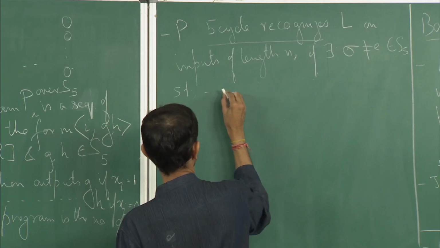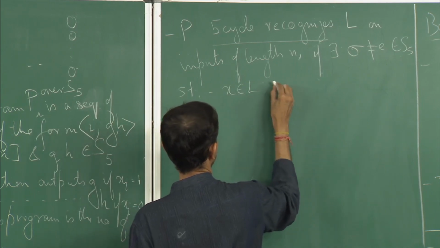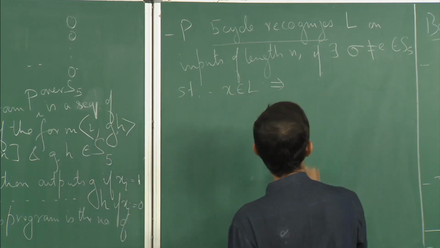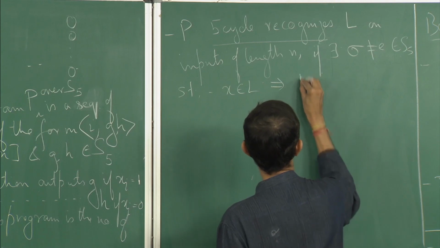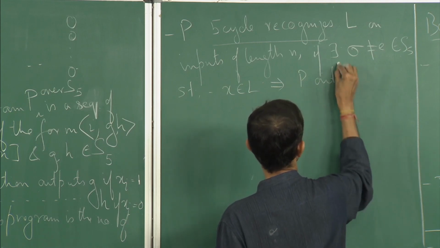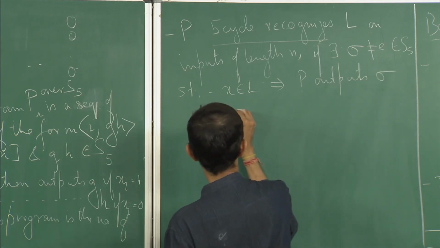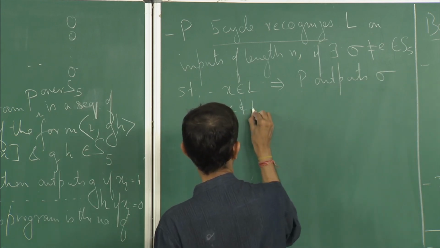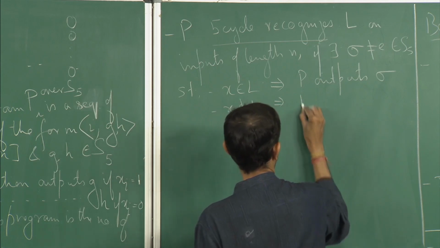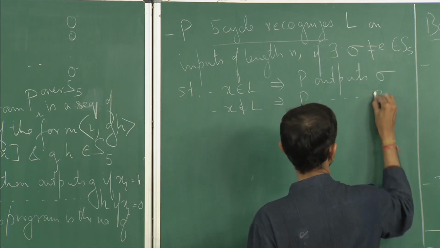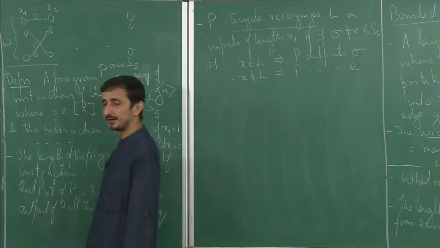for x belonging to L, P outputs sigma, and for x not in L, P outputs the identity. So e is the identity permutation.